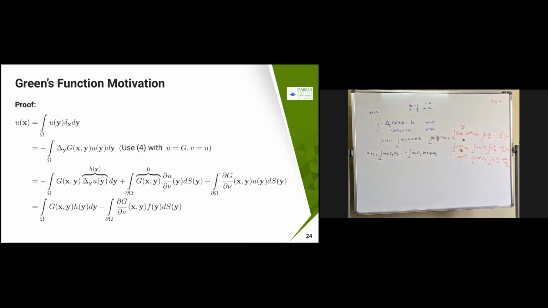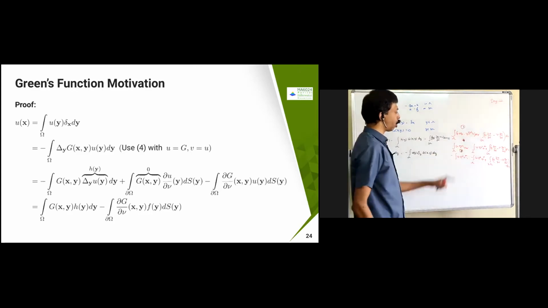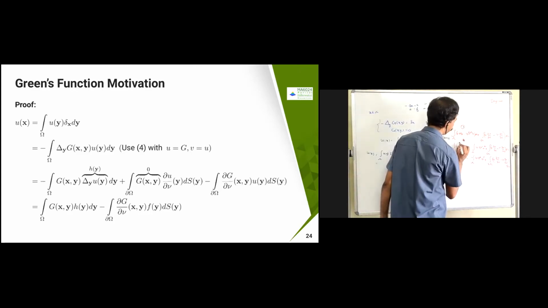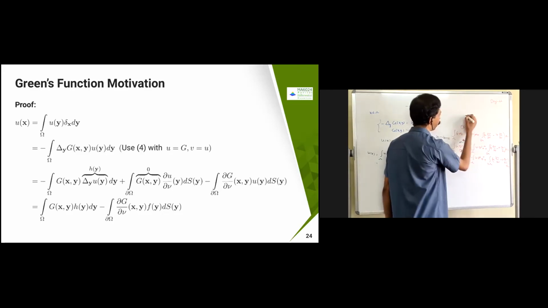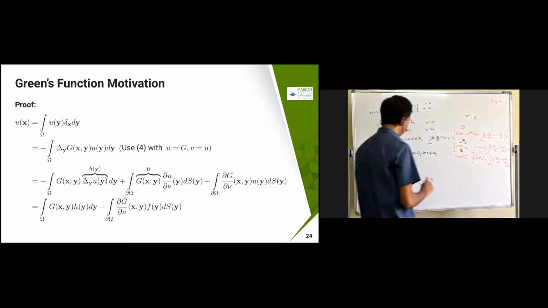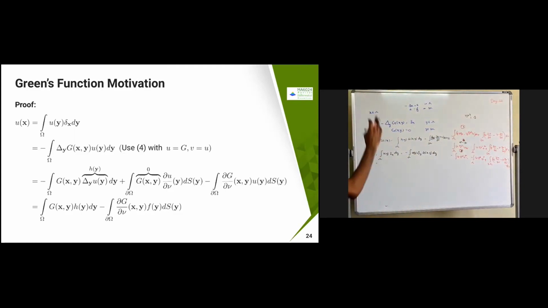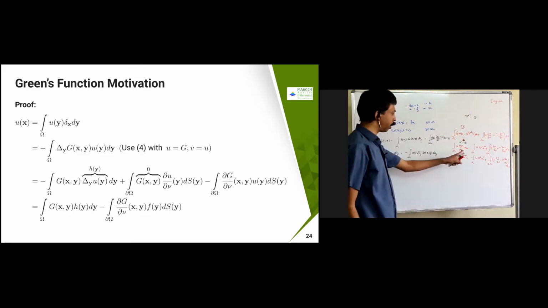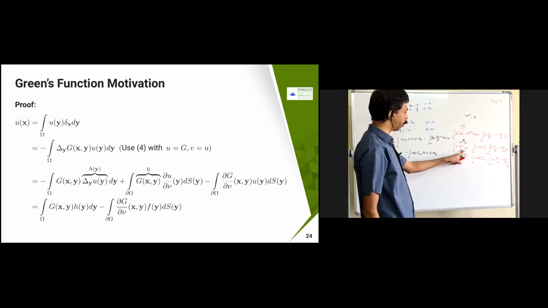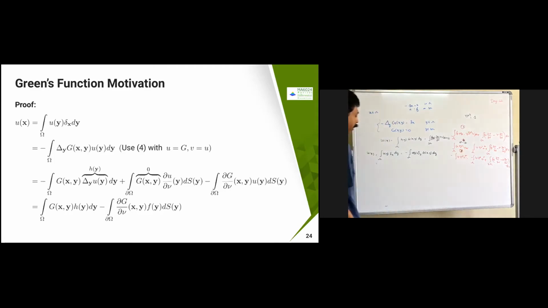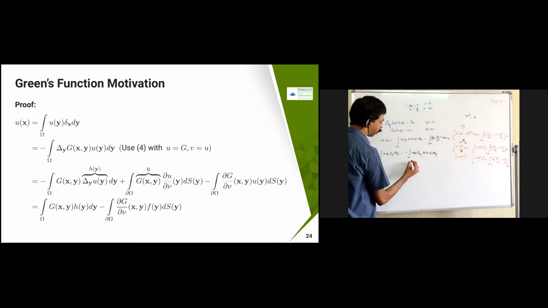Wherever I mention del square, that is nothing but delta. So if I apply this one, what I am going to get is minus integral.